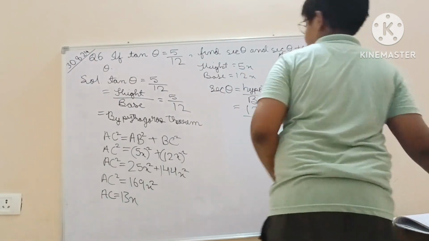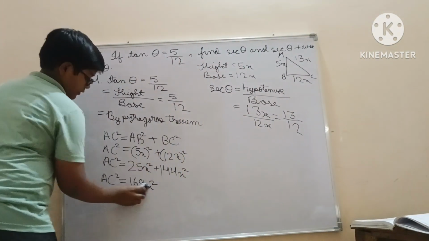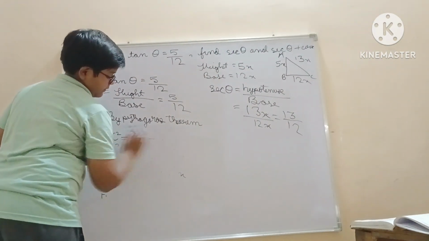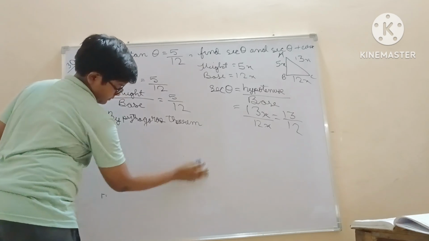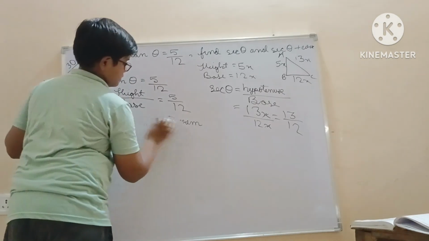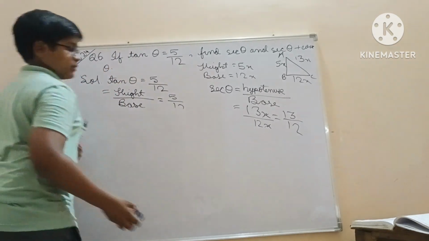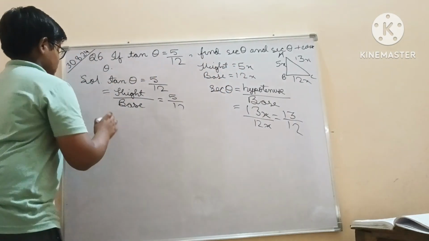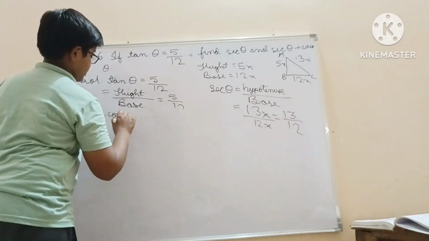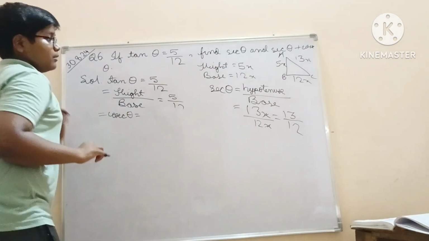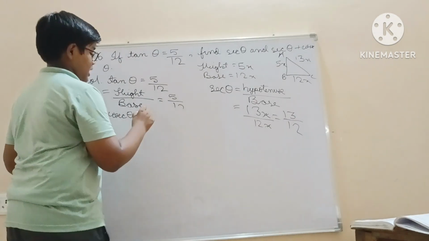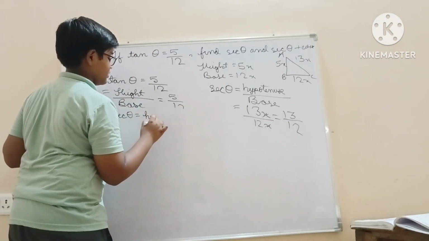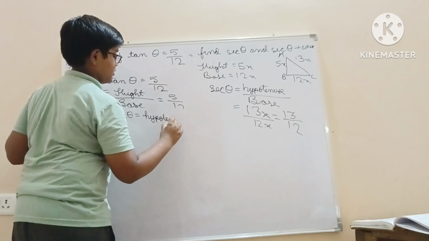Now we will find our value of cosec theta in order to find sec theta plus cosec theta. Now the value of cosec theta will become hypotenuse divided by height.